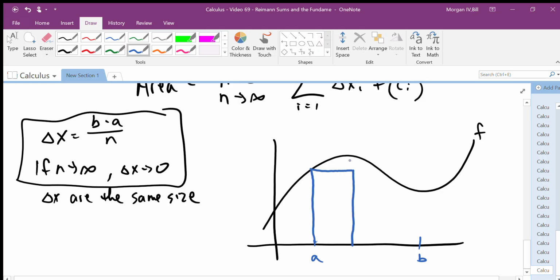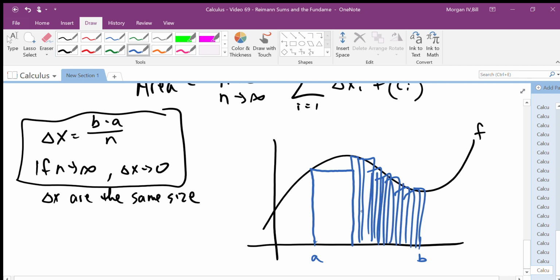And even though I have infinitely many rectangles from there on, picture lots and lots of rectangles, and they get smaller and smaller, and it's more and more accurate over here.